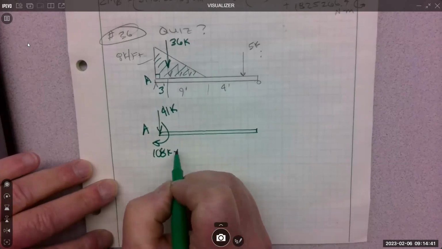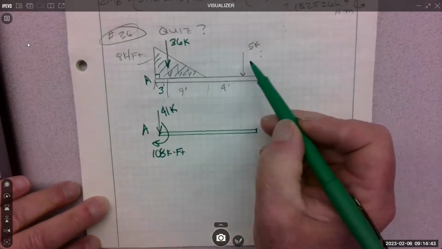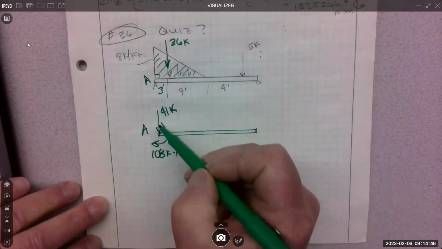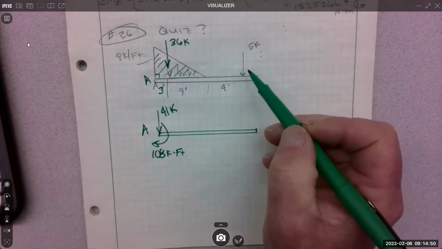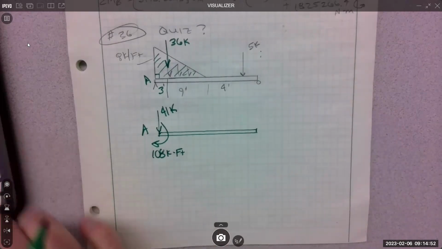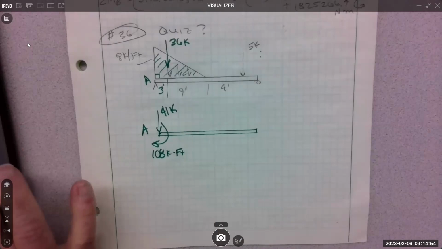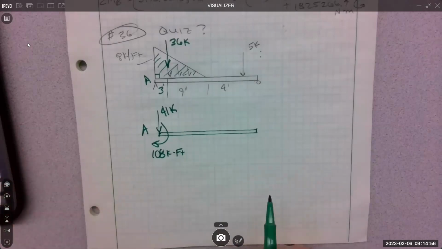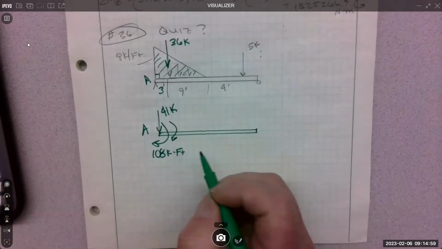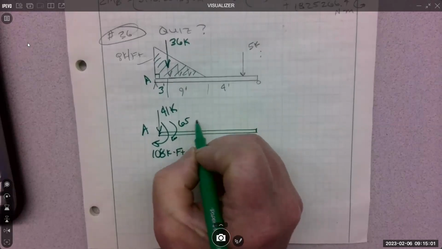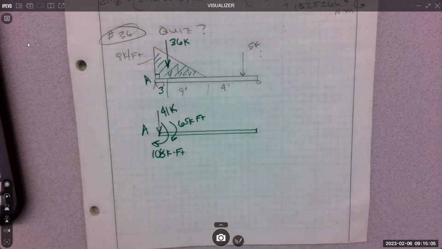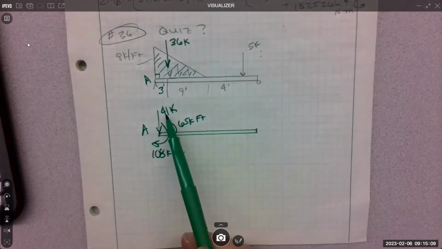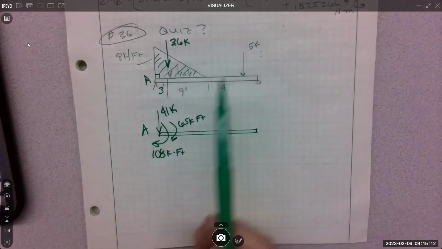108 kip feet. We moved the 5K over here, so I need to bring the moment with it. That's going to be what? 5 times 13, correct. 65 kip feet. Right? When you move a force, you take its translational effect. That was the 41, and we added 36 plus 5.